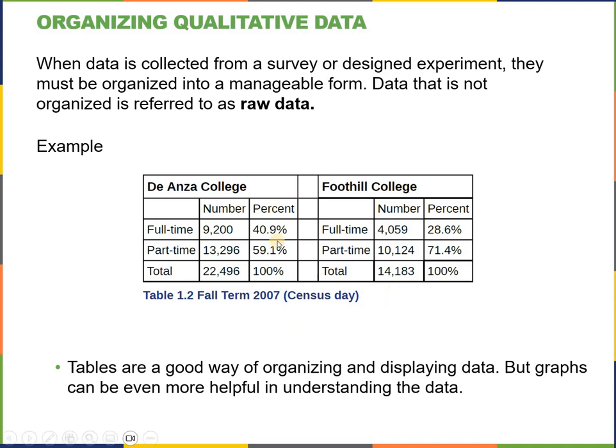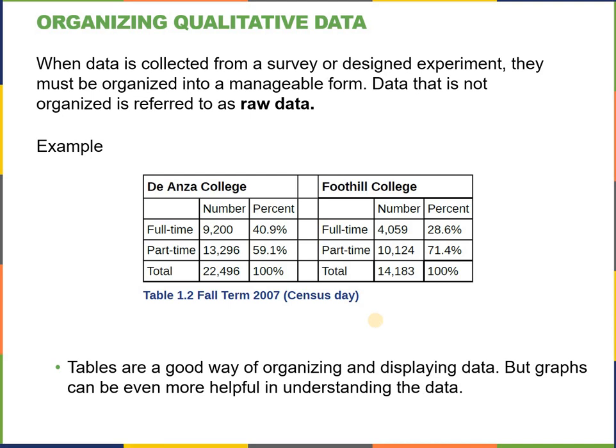So if you look at this table right here, it is a nice table and it's a good way of organizing and displaying the data, but graphs sometimes are more helpful to understanding our data. Although this represents a nice display of the college populations for 2 college populations here, De Anza College and Foothill College, it represents the number of full-time and part-time students and the total number of students and the percentage of each category for both of these schools.